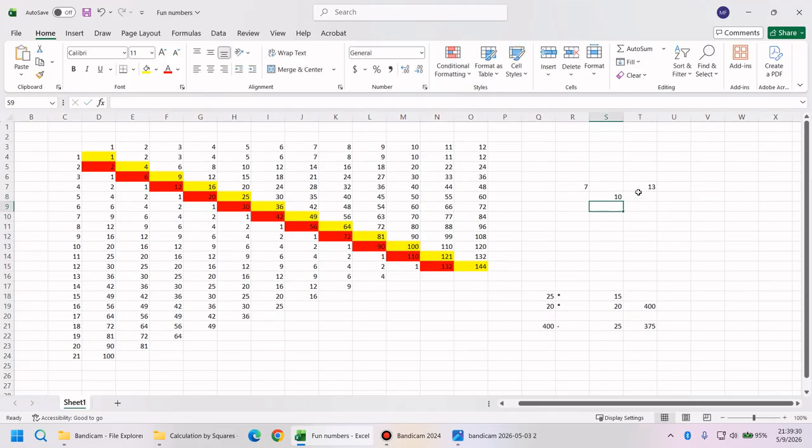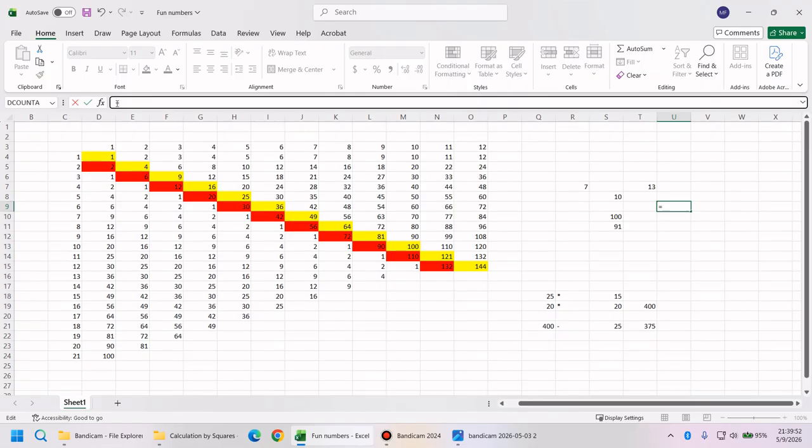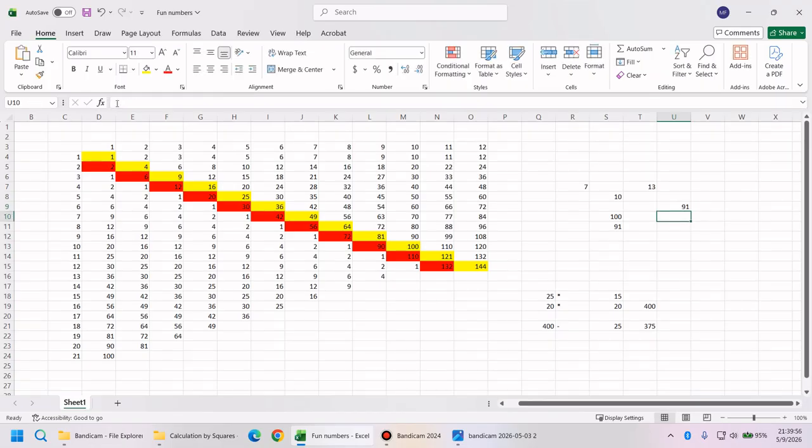So we have 10 times 10, which is, of course, 100, minus 3 squared, so that would be minus 9. So 91. And just to check, we could do 7 times 13. Boom, 91. There we go.